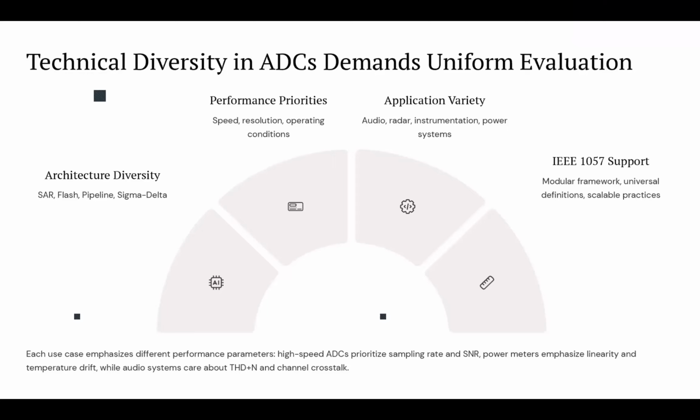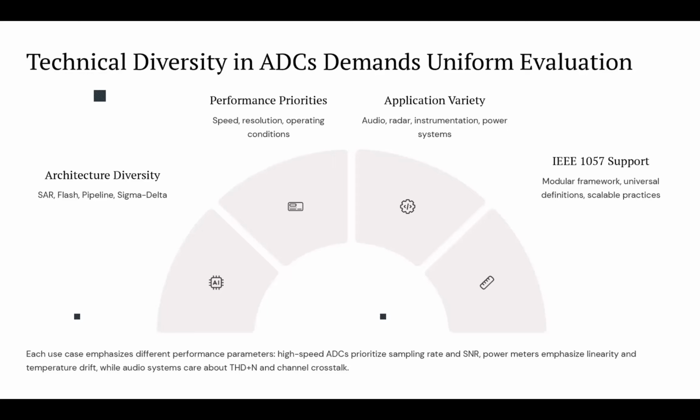Those differences between the architectures create a range of operational behavior. Some of the ADCs are optimized for high speed applications, where sampling rate and signal to noise ratio are critical.